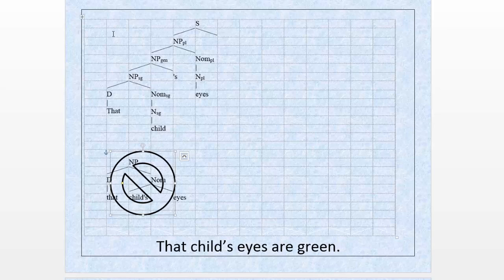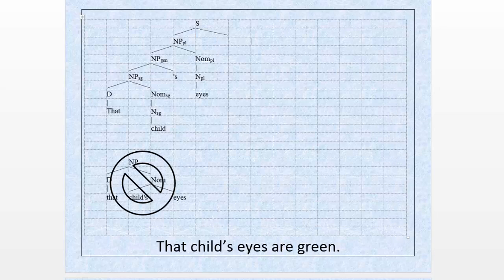Instead, our structure is like the one we have up here. All right, and then we can finish up our sentence. That child's eyes are green. Okay, so we have a VP. This verb is in the plain present form. Are. Let's see, do I have enough room to put that there? Maybe we can just squeeze it in there.